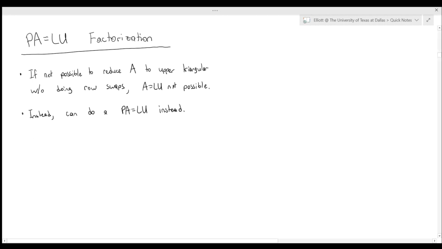Now, first things first, it's going to matter when you do your row swaps. You want to make sure that you do your row swaps at the beginning in order to get the PA equals LU factorization.